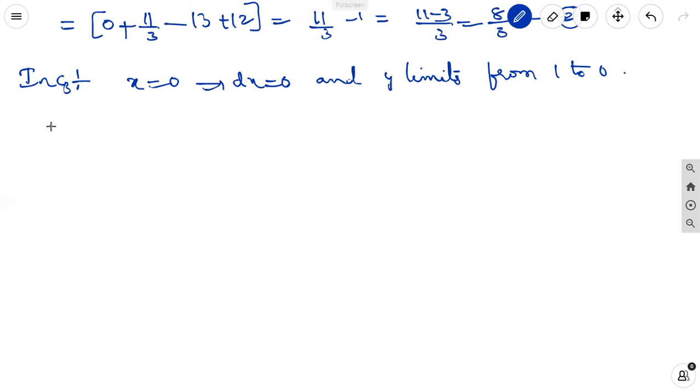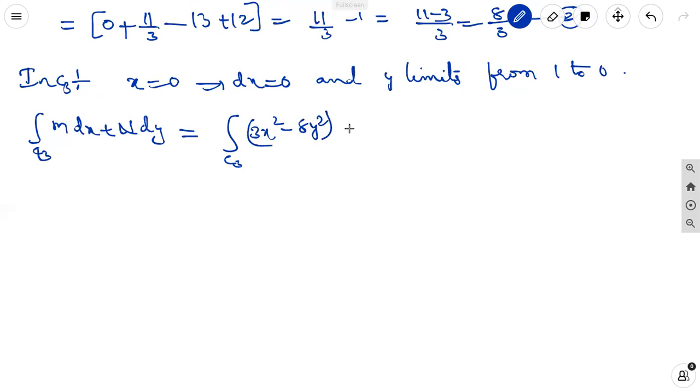Here the integral over C3 of M dx plus N dy is the integral over C3 of (3x square minus 8y square) dx plus (4y minus 6xy) dy. The dx part is 0, and here the x value is 0.